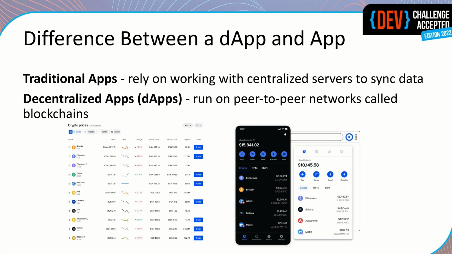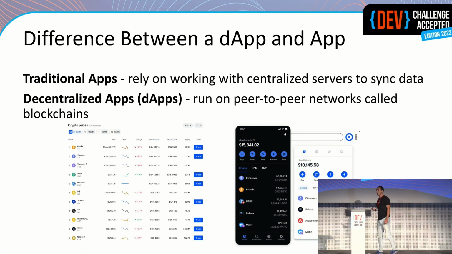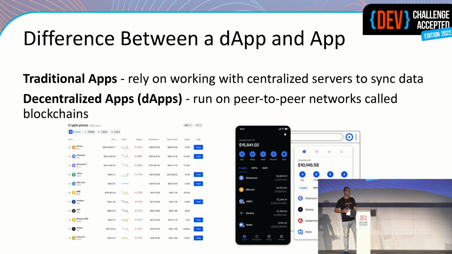Decentralized applications, on the contrary, run on peer-to-peer networks called blockchains without central servers. Their working relies on the consensus among blockchain participants, and they do not need a central authority. Some tech pundits argue that dApps are driving the Web3 revolution that seeks to replace the centralized architecture with a distributed, decentralized blockchain approach.